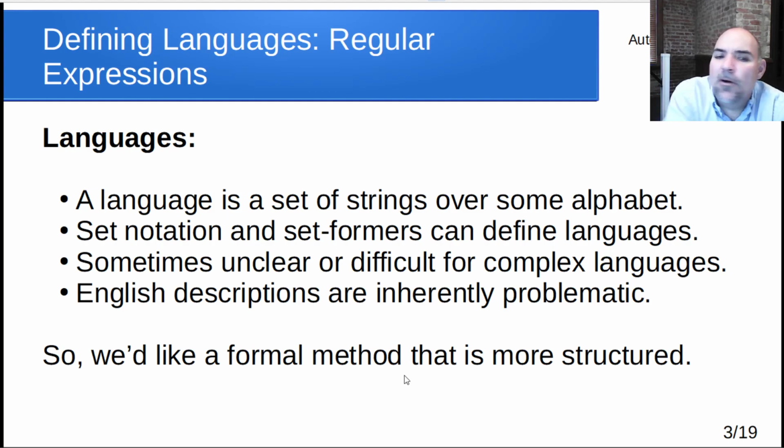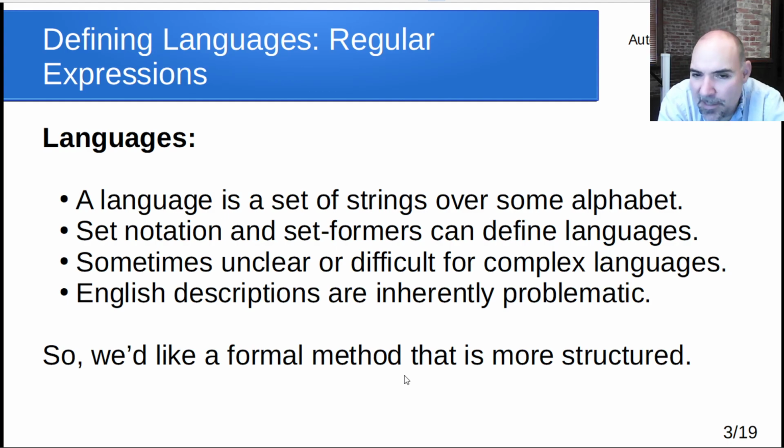But the problem with all of those is that sometimes set notation and set formers could be unclear or difficult to use precisely, especially if you have a more complex language or more complex pattern that defines that language.